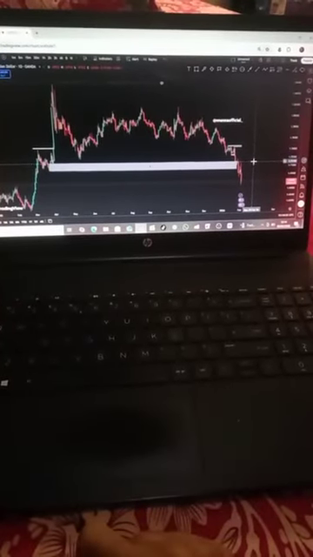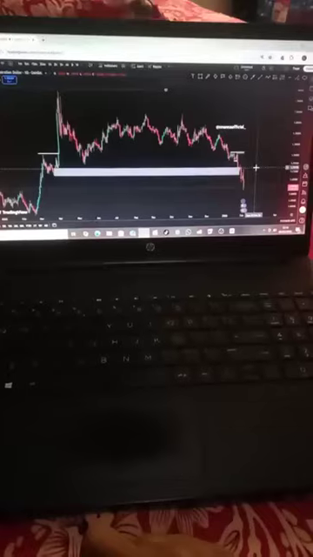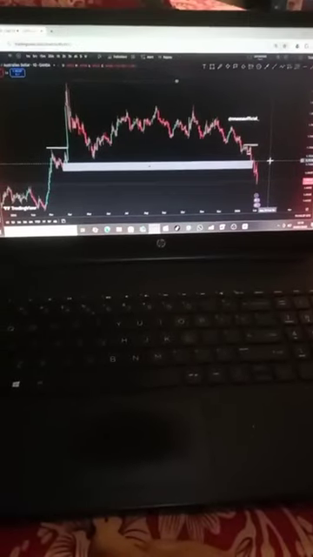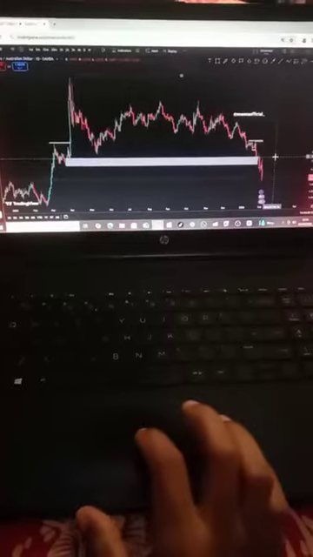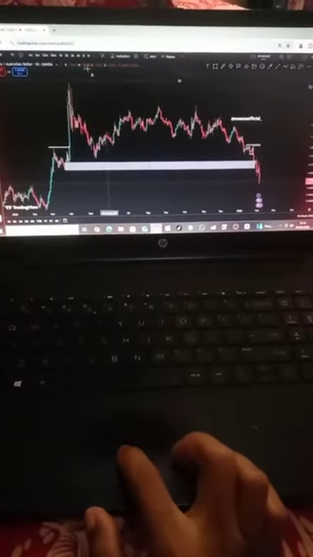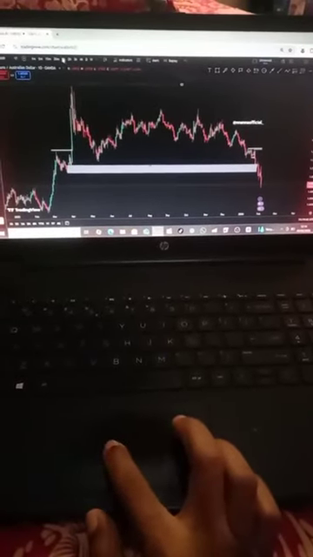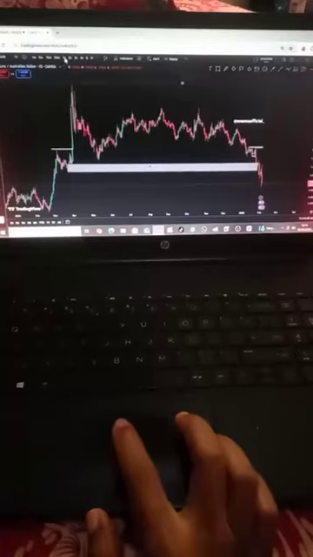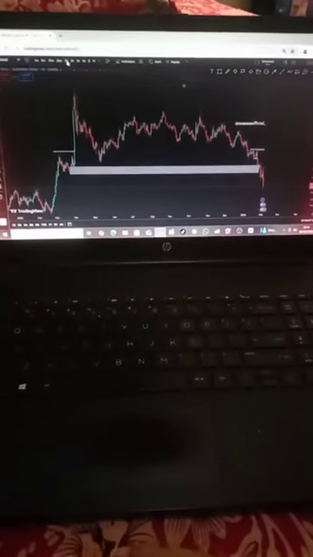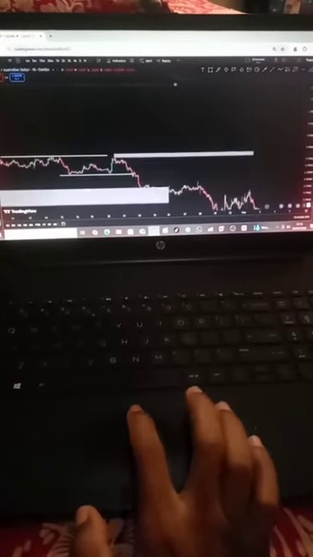The next thing we are going to do is move down to the lower time frame and see what happens. Now, we can use the 1 hour time frame or the 2 hours, but I love using 1 hour. And this is our 1 hour time frame. Try to make your chart a bit easy to read.